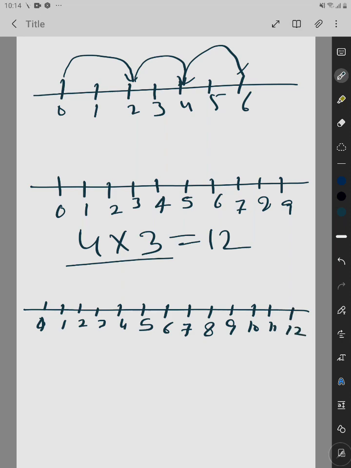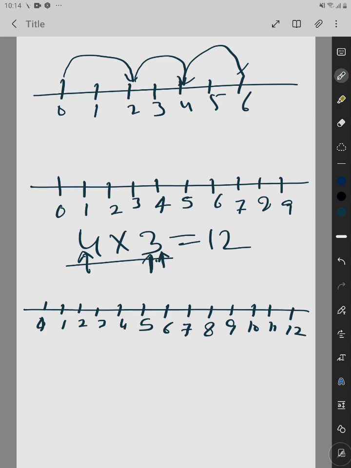Since we are multiplying by 3, we will jump 3 points. How many times? 4 times, okay. The other number tells how many jumps will be made.